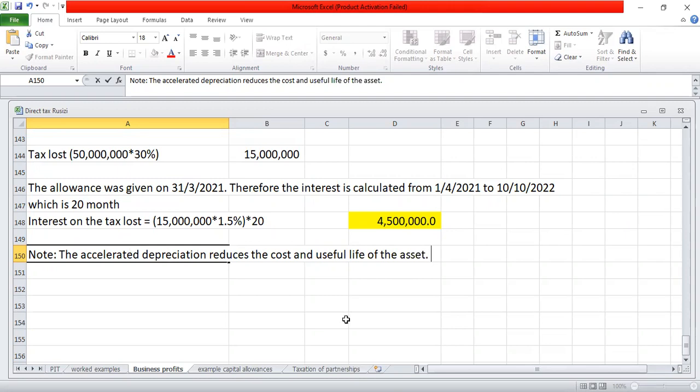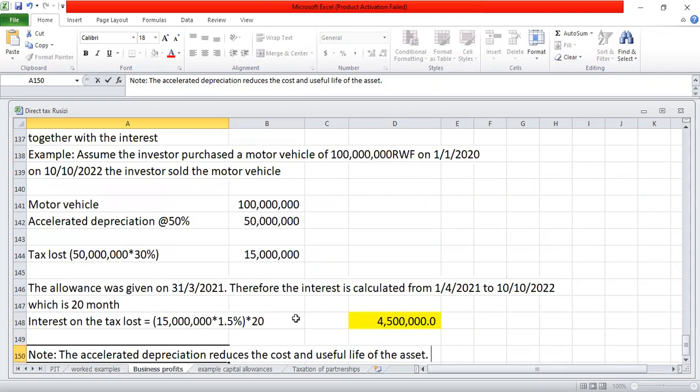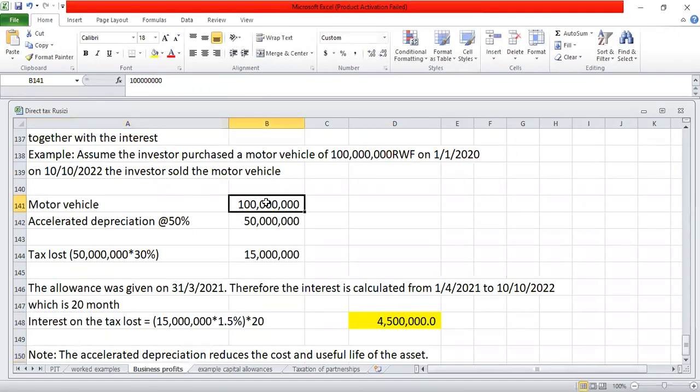Now, if we look at this example, we had our cost of motor vehicle, which is 100 million. We have accelerated 50%, we got 50 million.